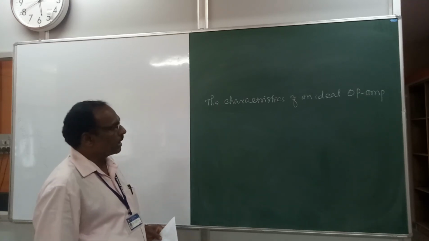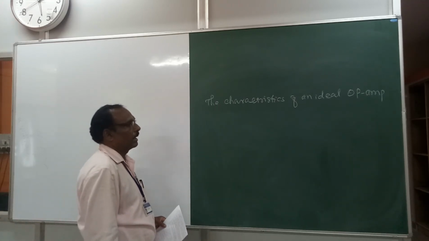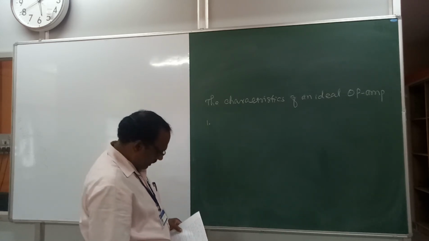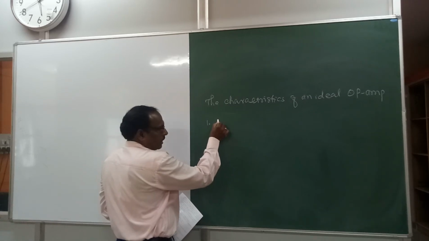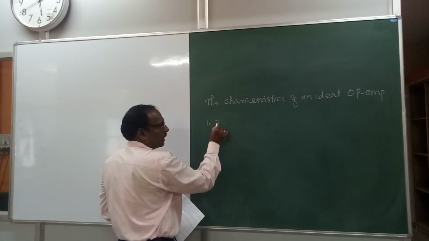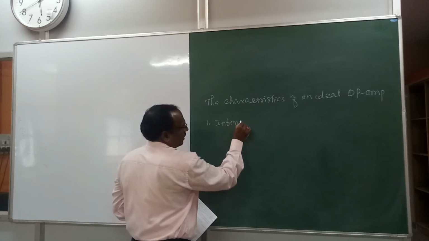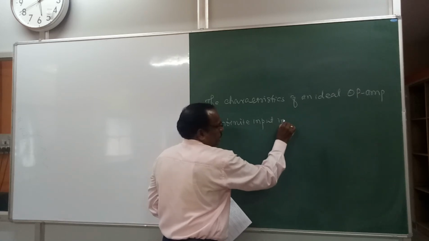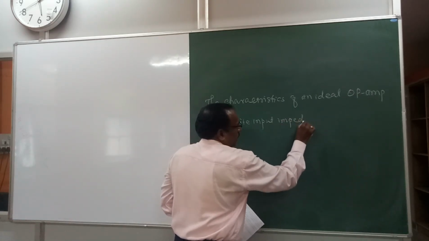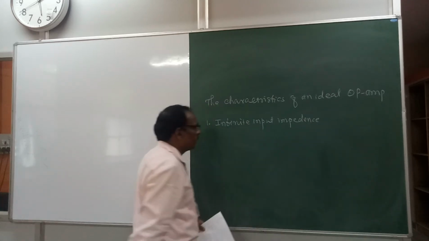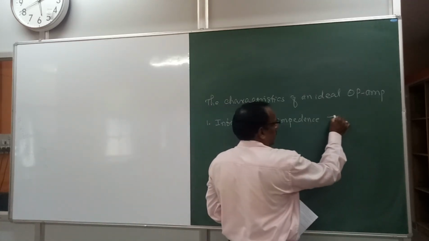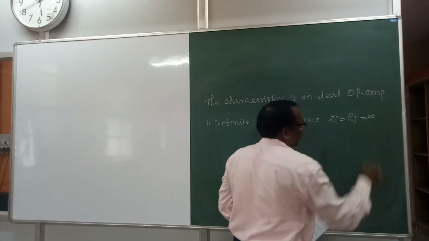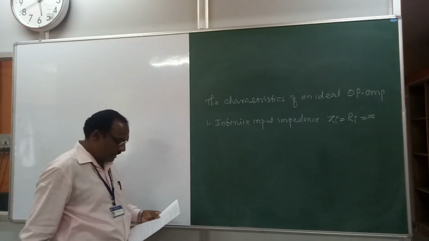This ideal operational amplifier has several characteristics. Let me go one by one. First, its input impedance is infinite. You can write Zi or Ri, it is infinity, because it works for both AC and DC.